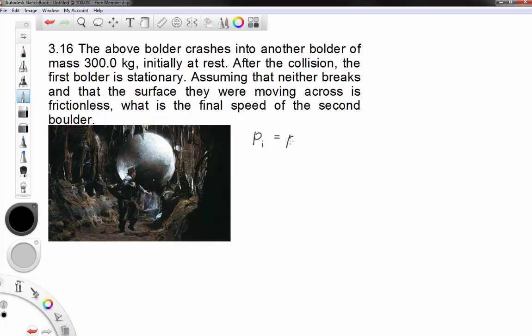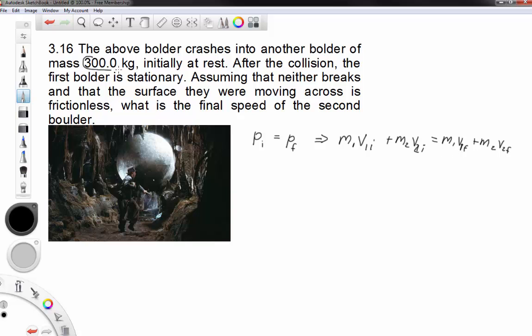In any case, we can write that P initial is P final, and what that implies is that the mass of the first boulder times the initial velocity of the first boulder plus the mass of the second boulder times the initial velocity of the second boulder should be equal to the mass of the first times the final velocity of the first plus the mass of the second times the final velocity of the second.